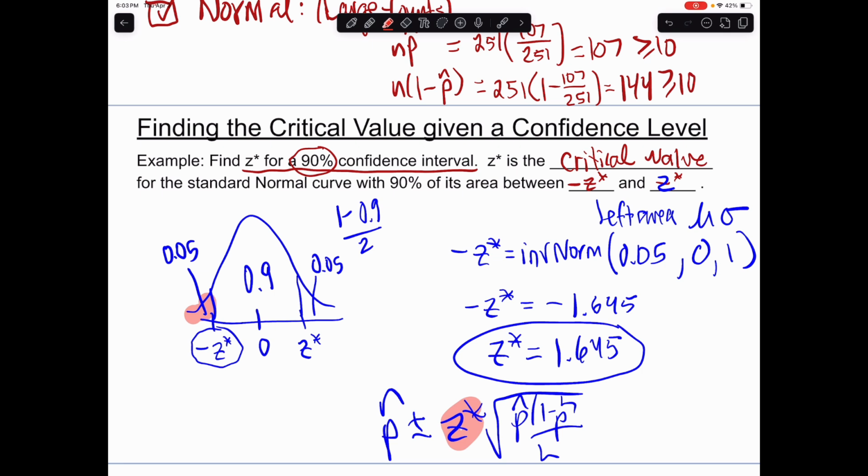So this 1.6 is actually kind of small for the Z stars that we see. If we get to like 99%, Z star can get a little bit bigger, bigger than 2, closer to 3. But that makes sense because when you increase the confidence level, you have to increase the margin of error.